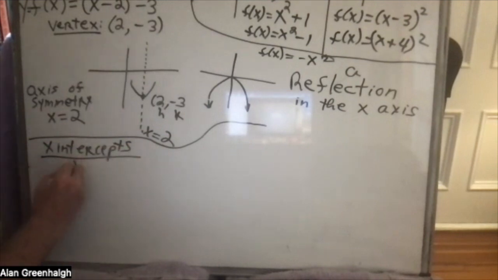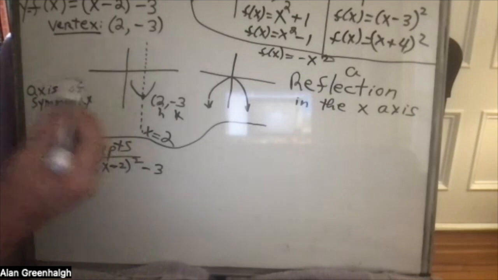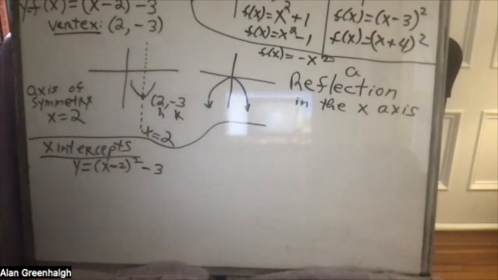Okay, so we have y equals (x minus 2) squared minus 3. Now, what is an x-intercept? Somebody define it for us. The x-intercept is what? The points on the x-axis in which the lines cross it. Oh, I need a definition that will help us to solve this problem.